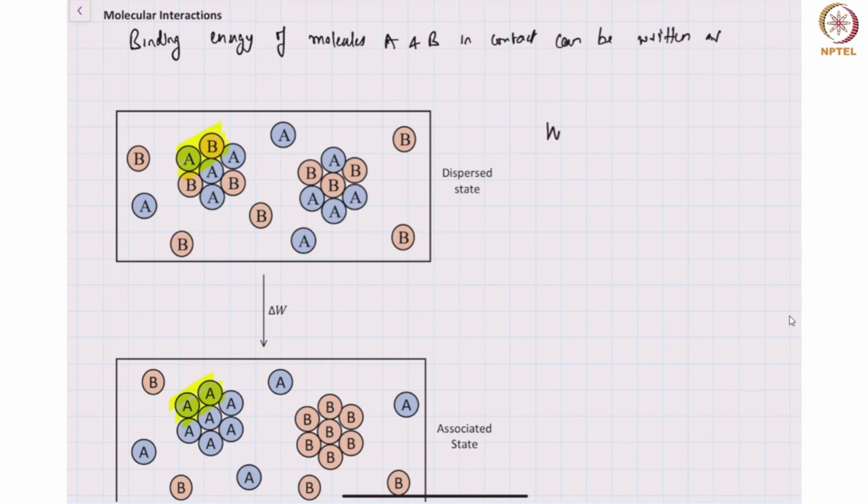so let's look at AA. The binding energy, I'm simply writing it as minus A square. And similarly, the binding energy with BB is minus B square. And the binding energy of AB would be minus AB. So you can think of A and B as quantities which are proportional to some more fundamental quantity.